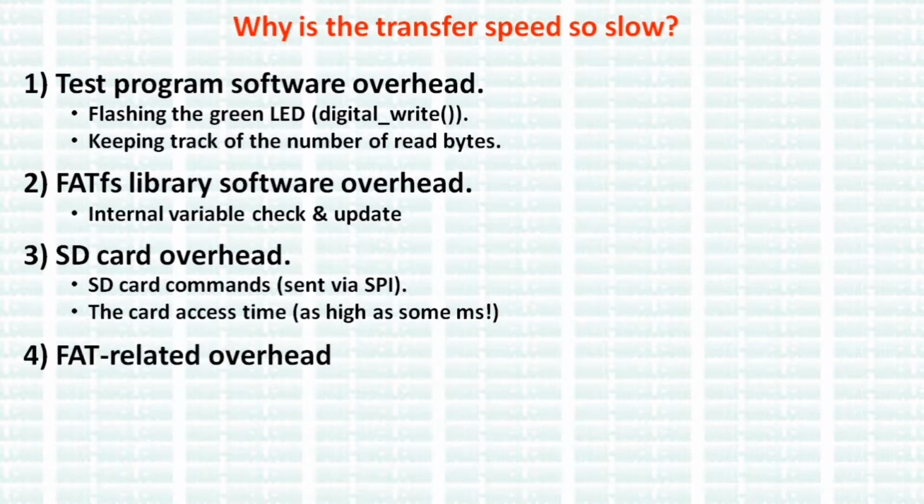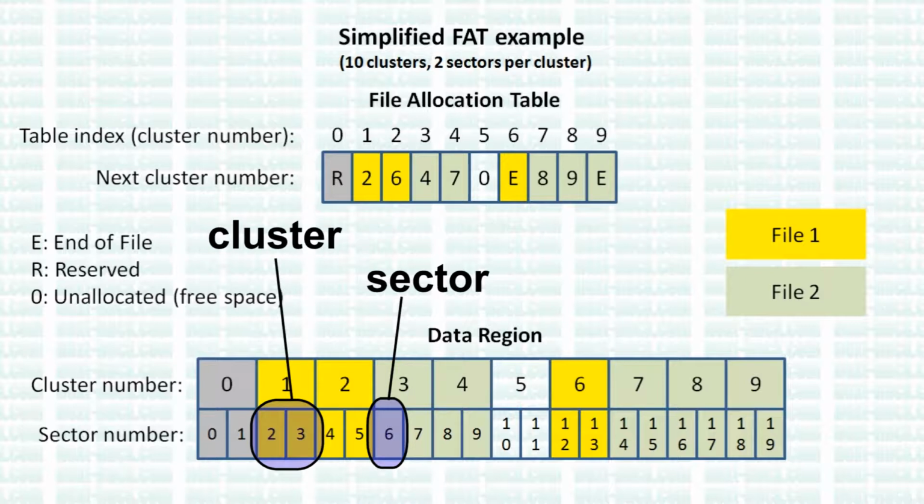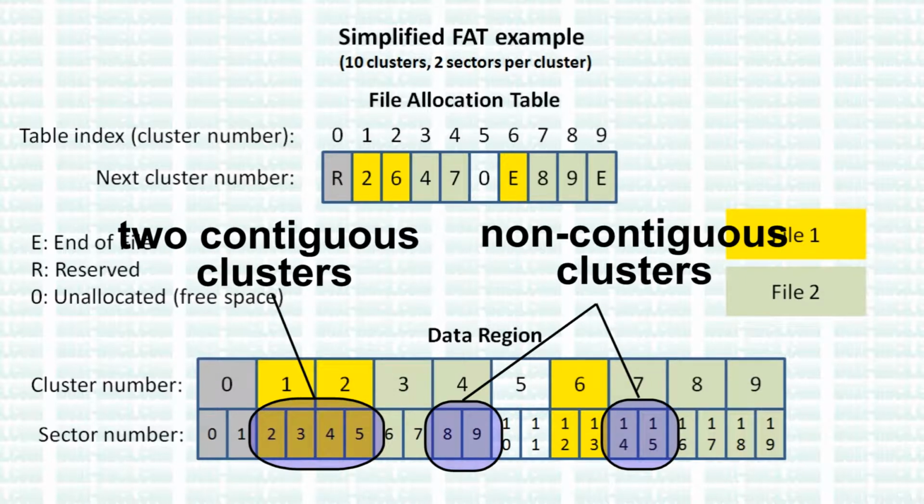Another issue is the overhead due to the file allocation table file system structure. In the FAT file system, each file is stored as a collection of many segments of contiguous sectors. These segments are called clusters, and they may or may not be contiguous each other.